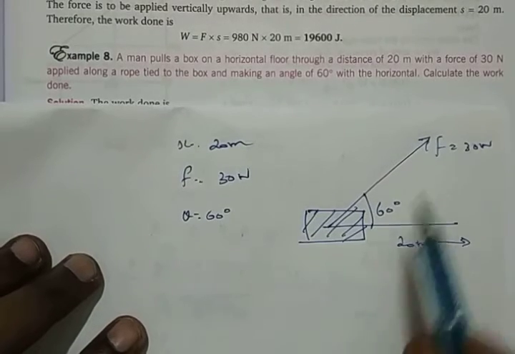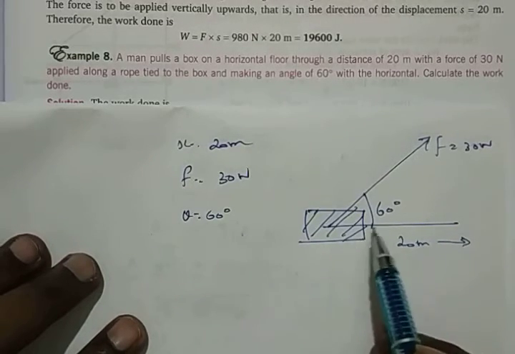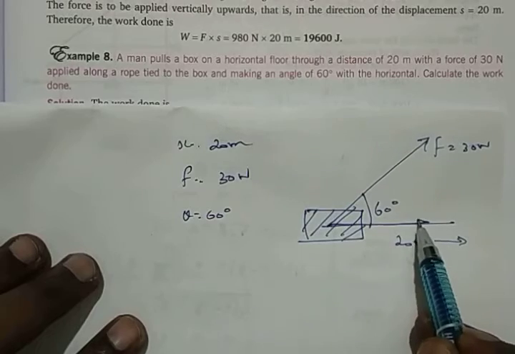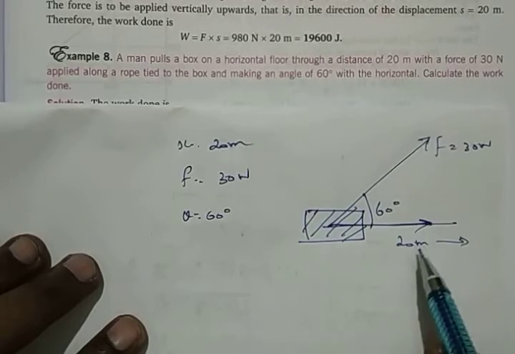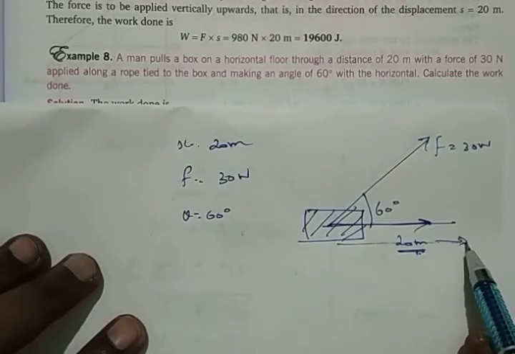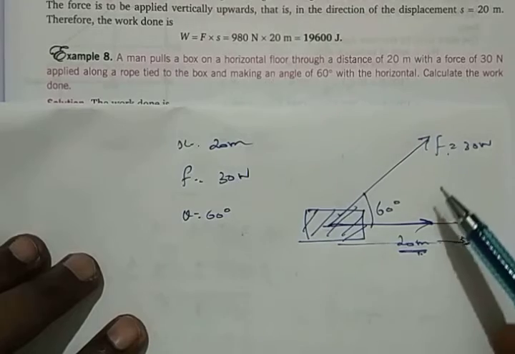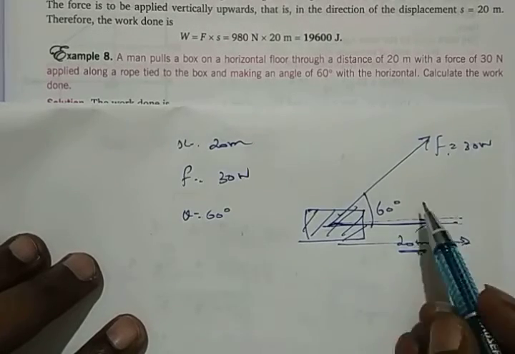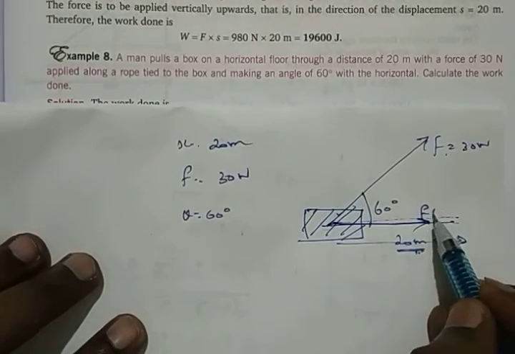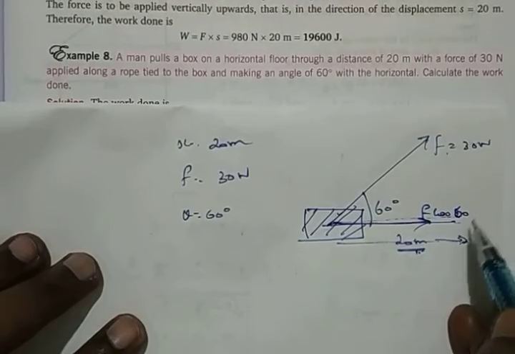Now calculate the work done. The work done should be calculated using the force along the direction of displacement. Displacement is happening in this direction, not in the upward direction. So the force applied along the displacement is F cos 60.